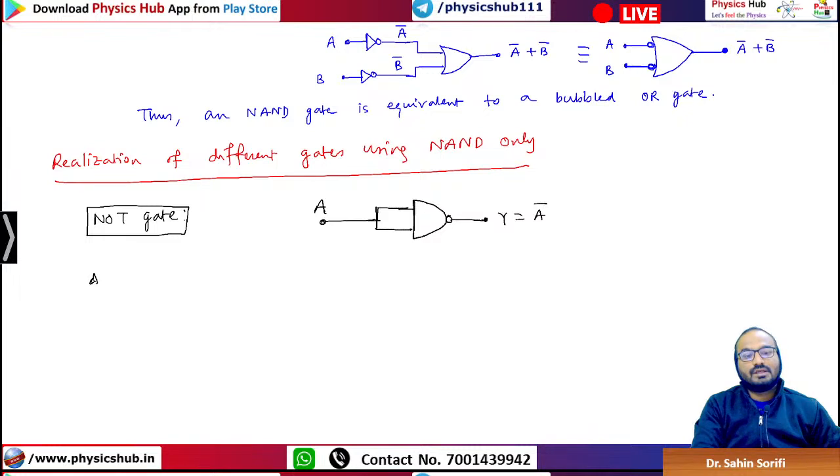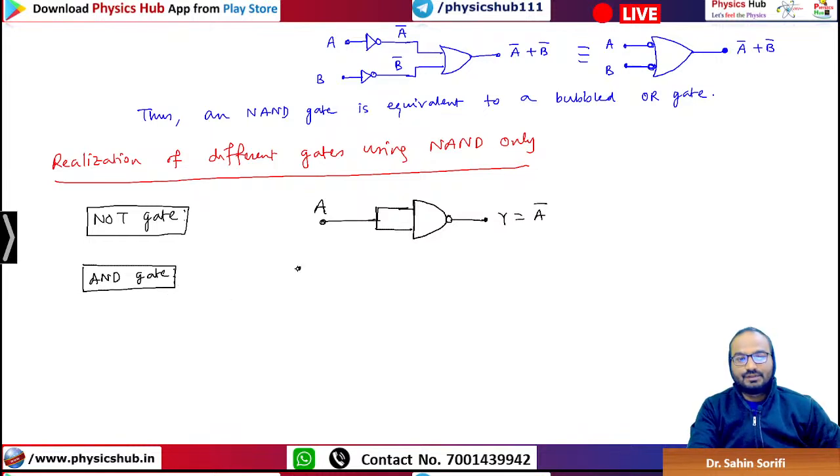Let's say you want to get an AND gate using NAND gate. So 2 inputs A and B. Just keep in mind that you can only use NAND gate, nothing else. What does it produce?